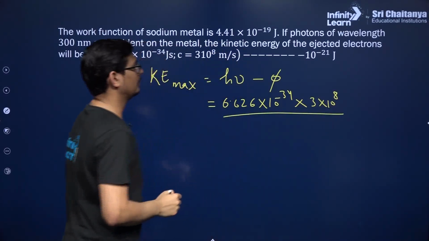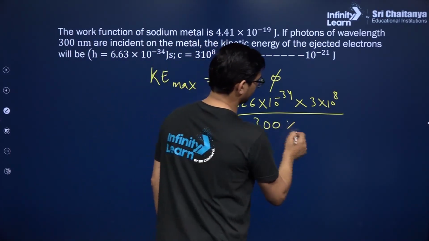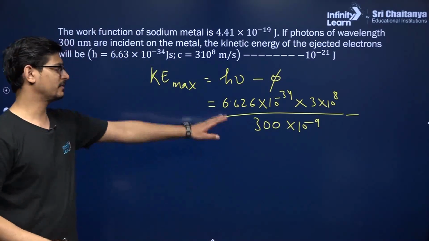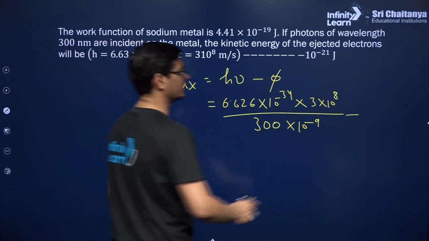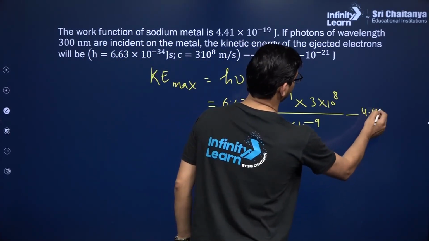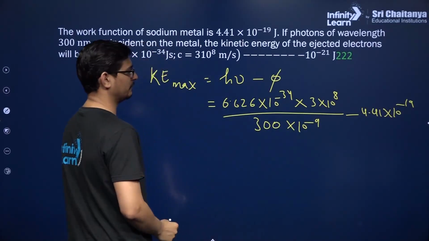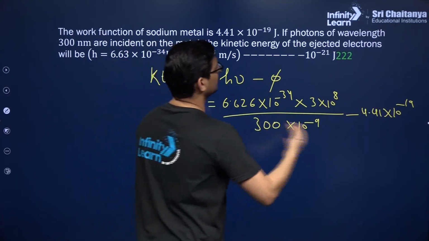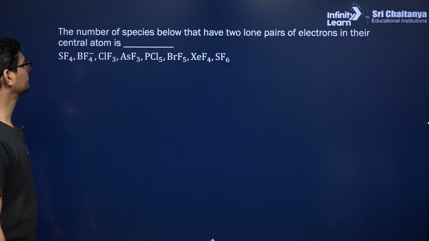The wavelength is given to be 300 nanometers, so this is 300 into 10 raised to the power minus 9. This is hc by lambda, the energy of the incident photon, minus the work function, which is given to be 4.41 into 10 raised to the power minus 19. The correct answer will come out to be 2.22 into 10 raised to the power minus 19, which can be rewritten as 222 into 10 raised to the minus 21.